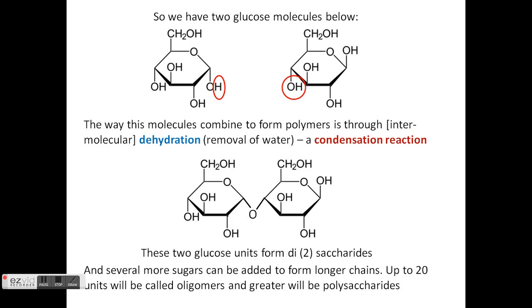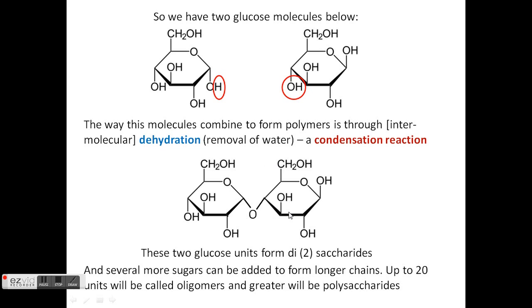So we have this hydrogen from one of the molecules and then hydroxyl from one of the molecules removed. And so we have a structure like this. Dehydration reaction is a condensation reaction. And so this is what we'll call a disaccharide.